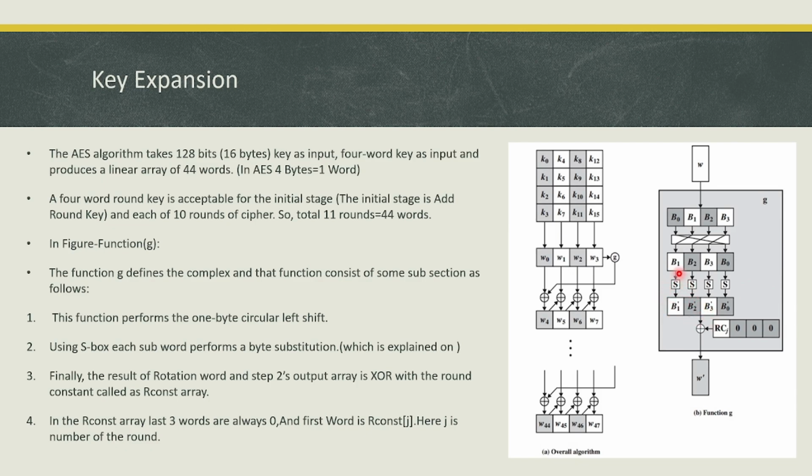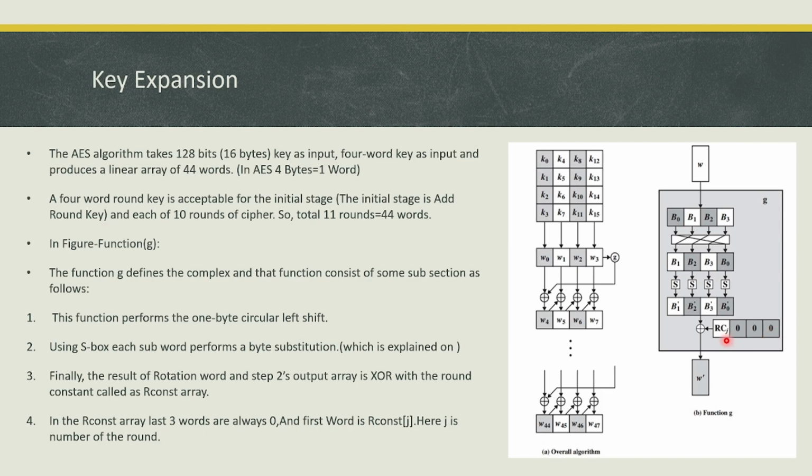Now finally, after changing these bytes into B1 dash, B2 dash, B3 dash, we have to XOR this array with the round constant array. This array consists of 4 bytes.